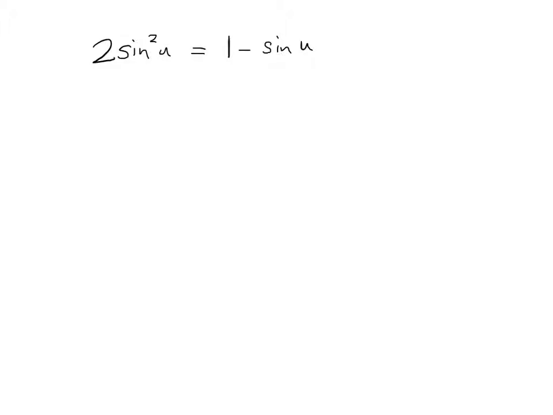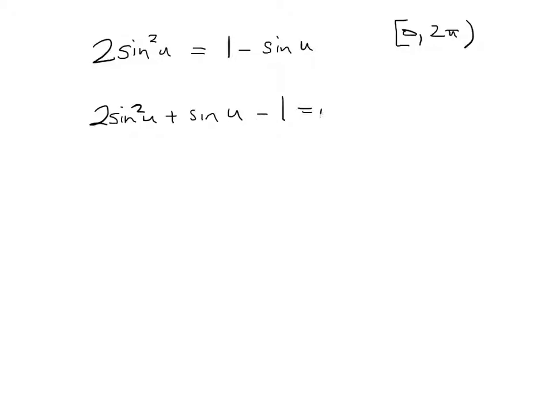So for this one, did they specify? Yes, they did. They want the solutions in 0 to 2 pi. So we get everything on one side. 2 sine squared u equals sine u minus 1, plus sine u.